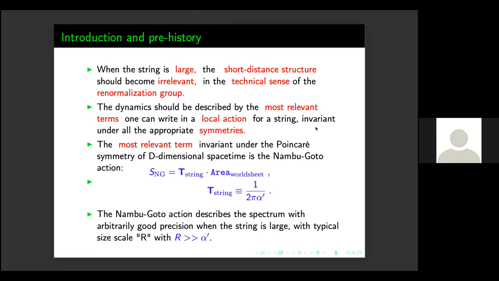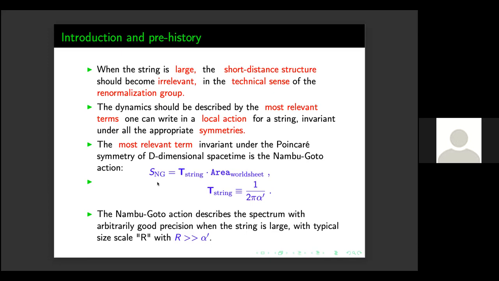When the string is large, the short distance structure is irrelevant in the technical sense of the renormalization group. The dynamics should be described by the most relevant terms one can possibly write in a local action for a string, invariant under all the appropriate symmetries. The most relevant term invariant under the Poincare symmetry is the Nambu-Goto action, which is just the area of the world sheet times the string tension.